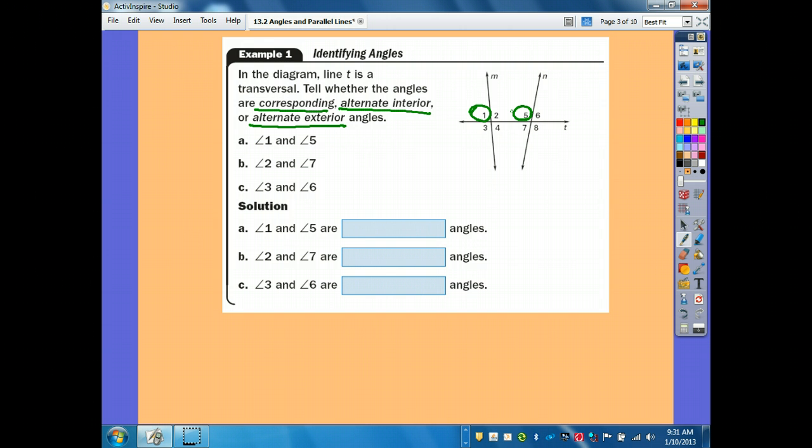Do the first test. If I were to slide this set of 4 and slide it over here on top of this set, do 1 and 5 match? Yeah. They do, don't they? So we're pretty much done. We know that 1 and 5 are what? They are corresponding angles.